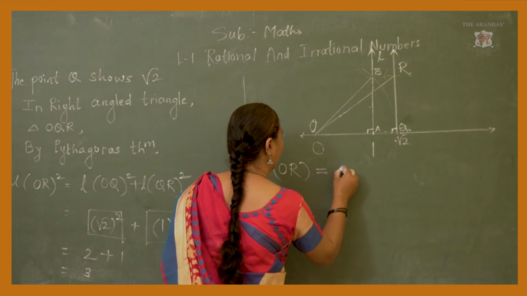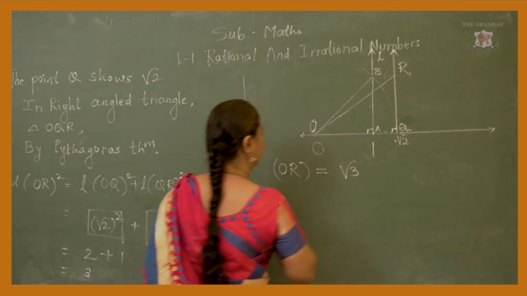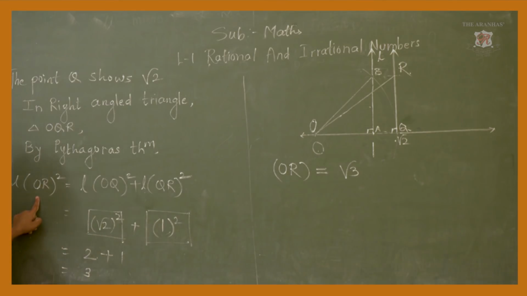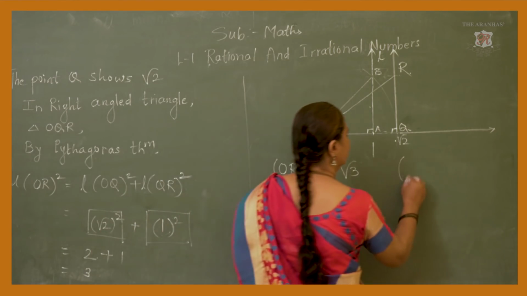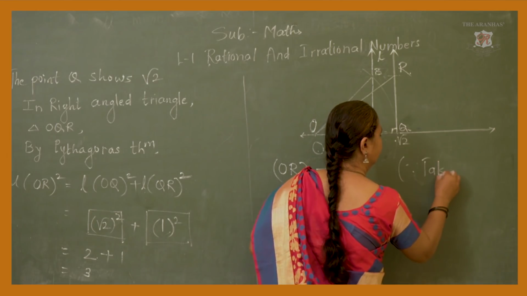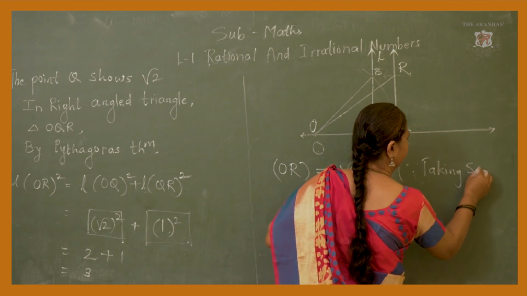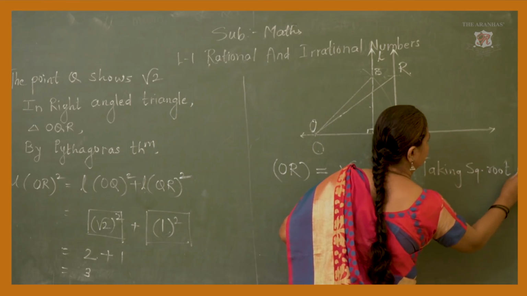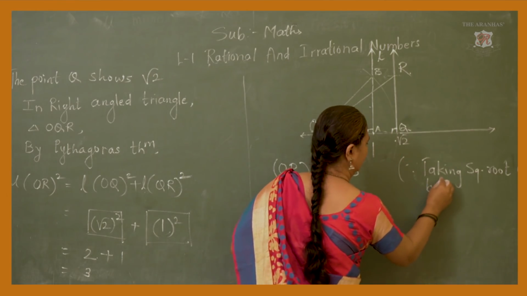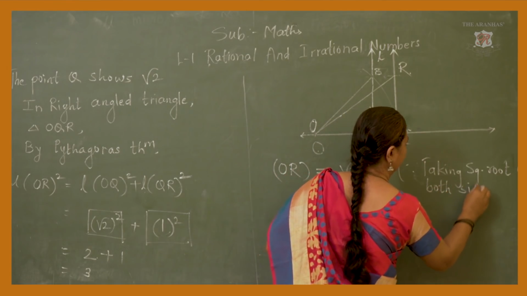Okay, OR is equal to root 3, taking square root on both sides. Here OR square is there, but we want the distance of OR. So, taking square root on both sides.